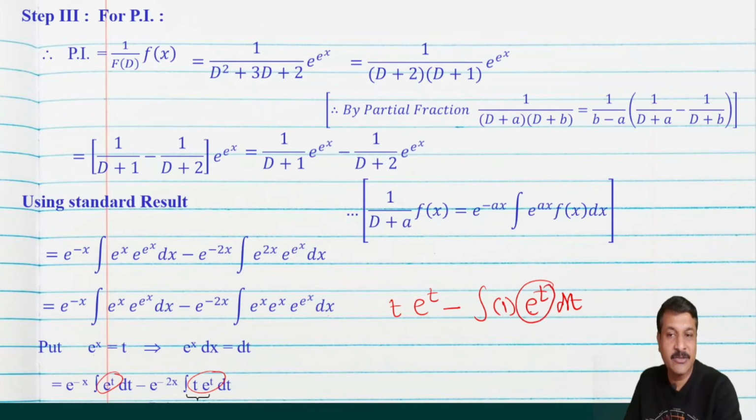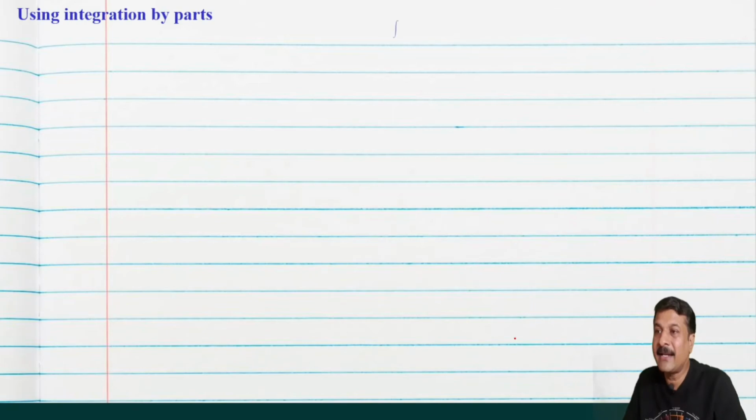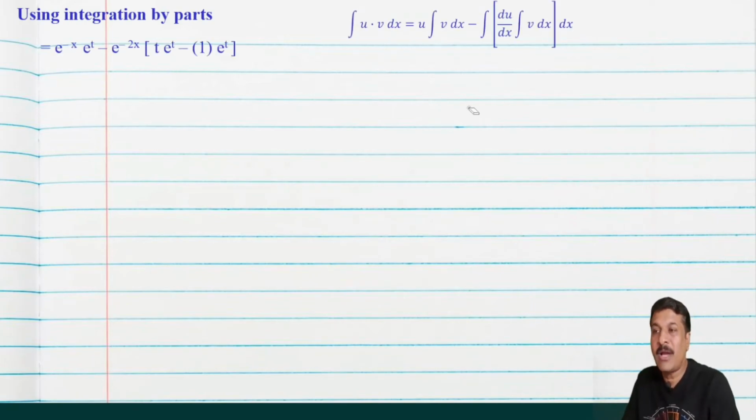And what is the integration of e raised to t dt? It is again e raised to t. So same thing I can write like this, and I am getting this much. So what is e raised to t? As we know, t equal to e raised to x. So substituting here, I am getting this much.